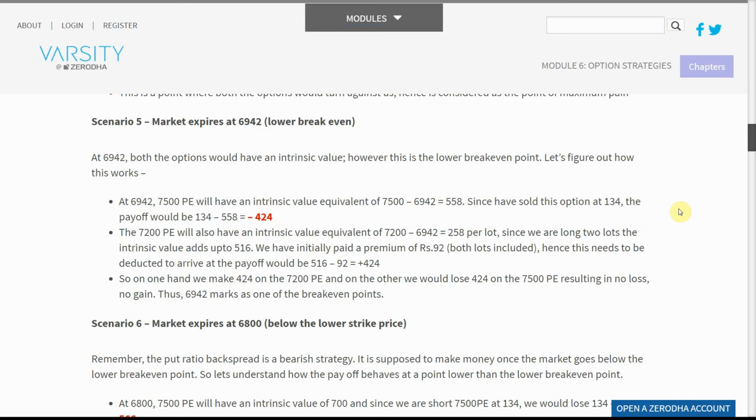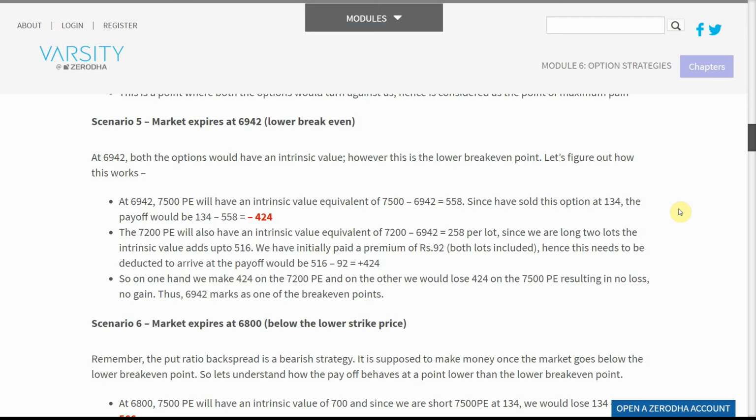At 6,942, the 7,500 PE will have an intrinsic value equivalent of 7,500 - 6,942 = 558. Since we have sold this option at 134, the payoff would be 134 - 558 = -424.